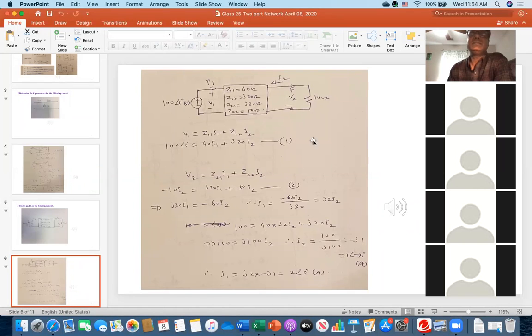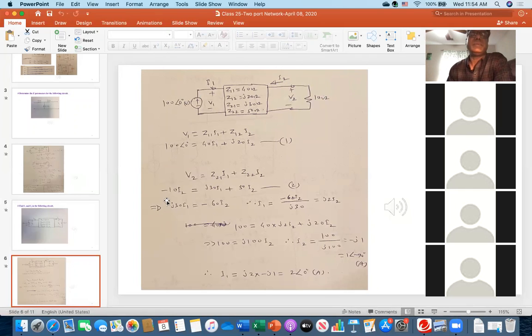Similarly, write down the equation for the right side port. So V2 equals Z21 I1 plus Z22 I2. And then plug in their values. What is V2? In this case, V2 appears across 10. So 10 multiplied by I2, but you have to consider it with respect to the left side node, because the current direction is opposite to I1.